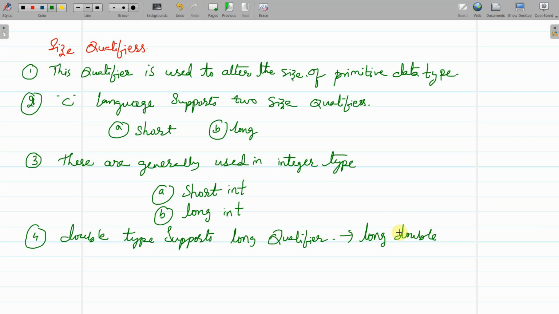Now we have certain rules to be followed in order to understand the size qualifiers. So we will be talking about those rules in detail.